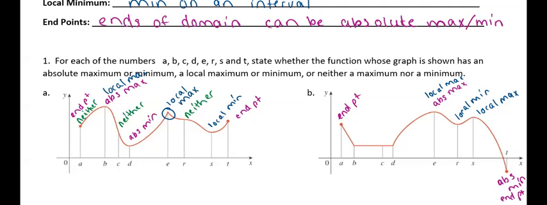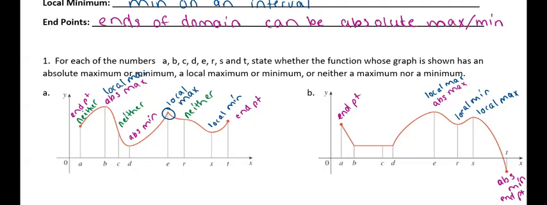Okay, we still have a couple that we haven't looked at here. Now this one is extra tricky. If you think about looking at your graph on this portion right here, we have this curve down to a straight line. This is tricky because along that straight line, it's not increasing or decreasing. So it's a maximum and a minimum all at the same time.